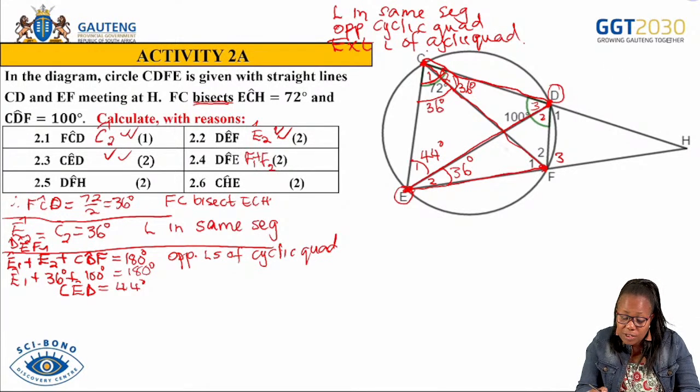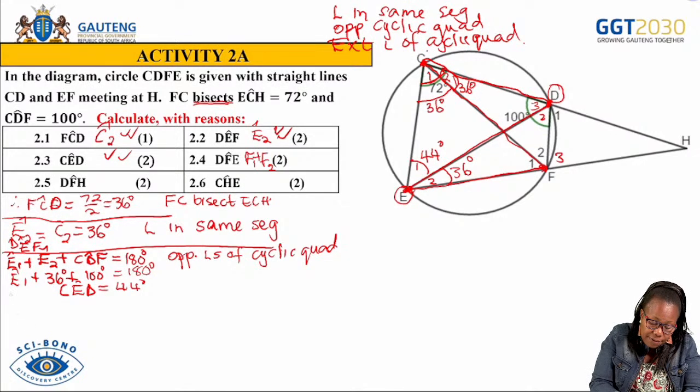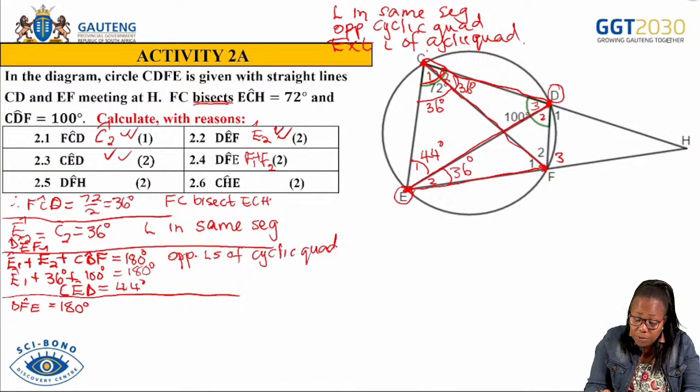So can you see that it's also opposite to C? Therefore, the DFE is also applying cyclic quad opposite. DFE will be equal to 180 degrees from the opposite angles of a cyclic quad. Then we are subtracting the opposite angle, which is the 72 degrees.